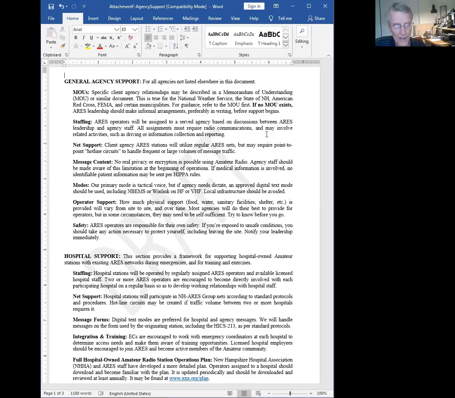We talk about net support, client ARES stations. So you have an agency ARES station, we'll support them with the regular ARES nets. And you might also use point-to-point hotline circuits. The reason that's in there is because of the hospitals, and we cover that in the same way in the hospitals. We want people to know that we're not going to be setting up a separate net for agency number 5, whoever they are.